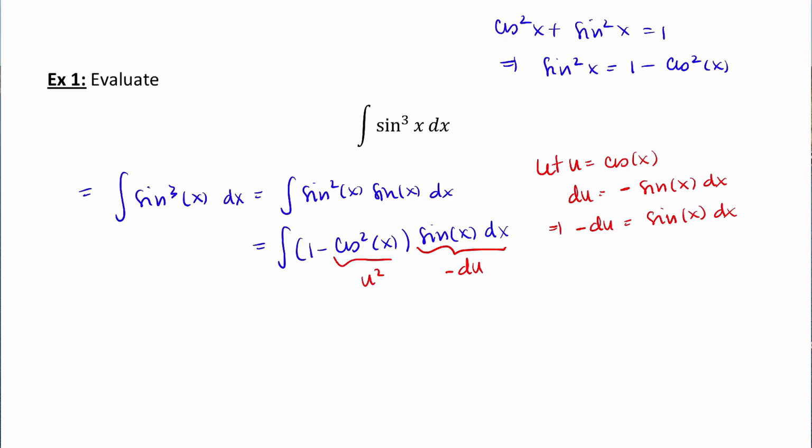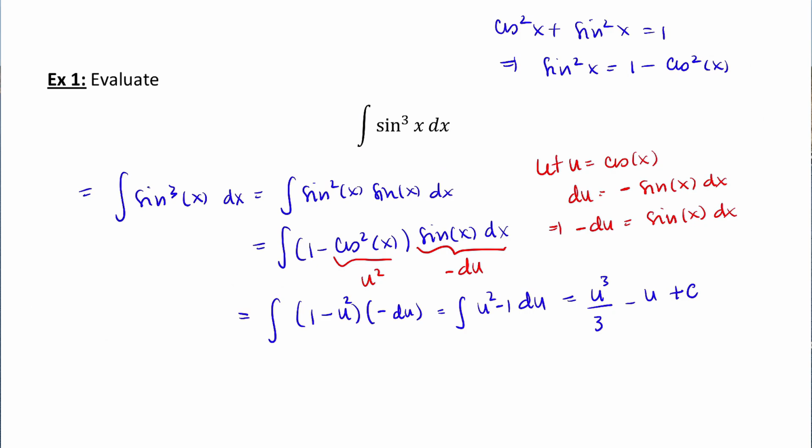So I can rewrite my integral as the integral of 1 minus u squared times negative du. I can distribute that negative and get that I'm actually finding the integral of u squared minus 1 du, which is equal to u cubed divided by 3 minus u plus a constant.